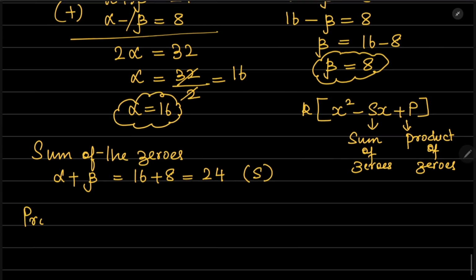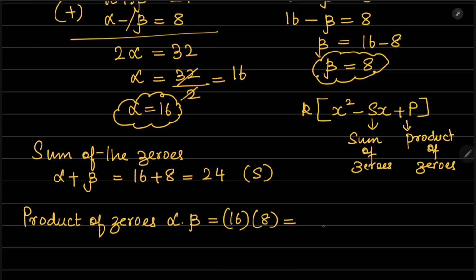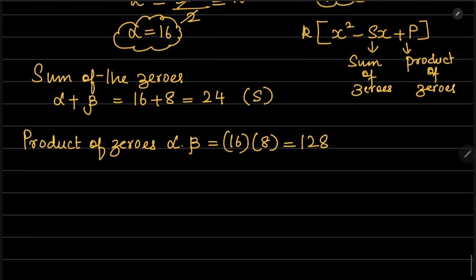Now the product of the zeros. What is the product of the zeros? Alpha into beta is equal to 16 multiplied by 8. So 8 sixes are 48 and 8 twelves are 96, giving 128. Now how will you write the quadratic polynomial? K multiplied by x square minus the sum of the zeros into x plus the product of the zeros.